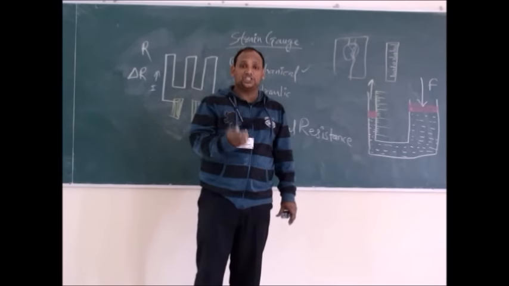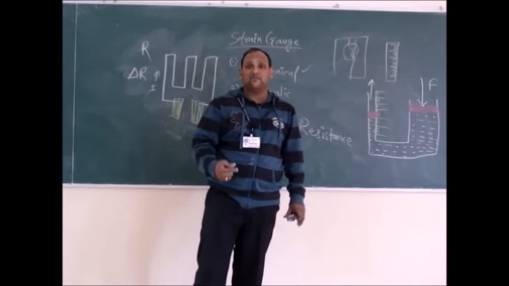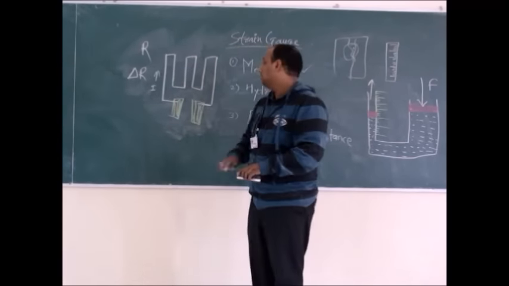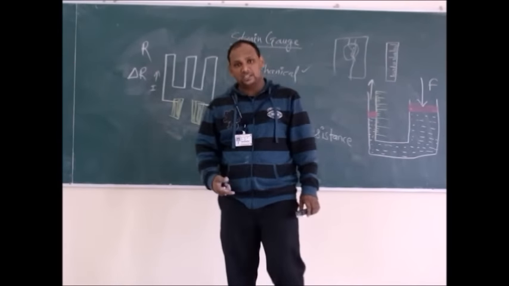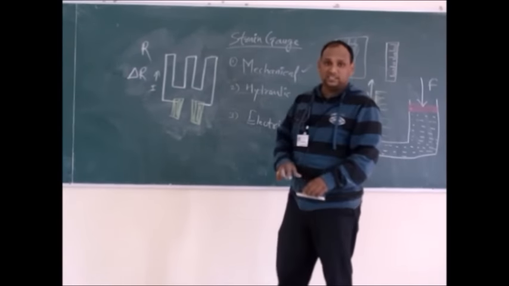Depending on this change in resistance, by some simple calculations, they will find strain. So the strain found by using the strain gauges mostly depends on the change in the resistance. That's why it is known as electrical resistance type of strain gauges.